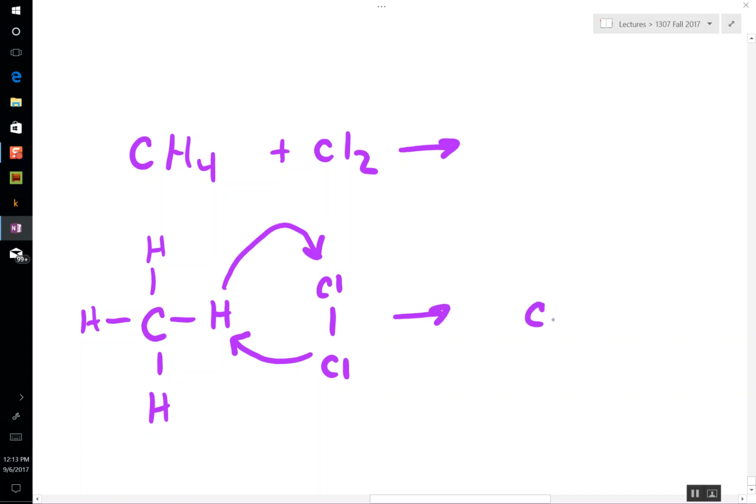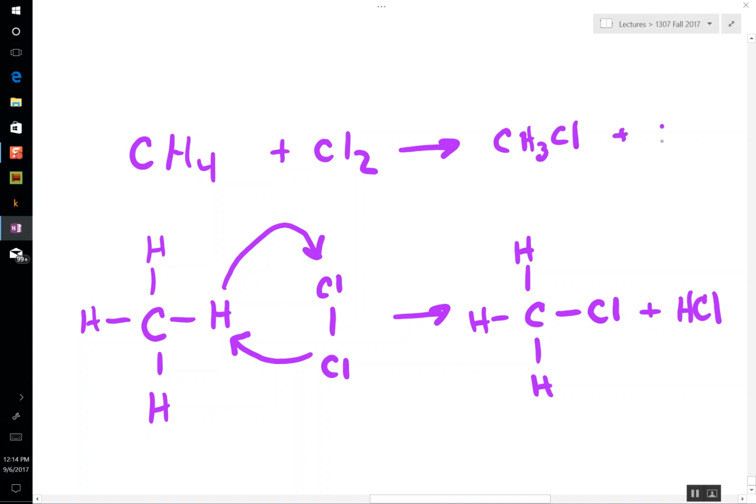So you're going to get a chlorine on the carbon, one chlorine, and you're going to get HCl. All right, that's balanced. So this is going to be CH3Cl plus HCl.